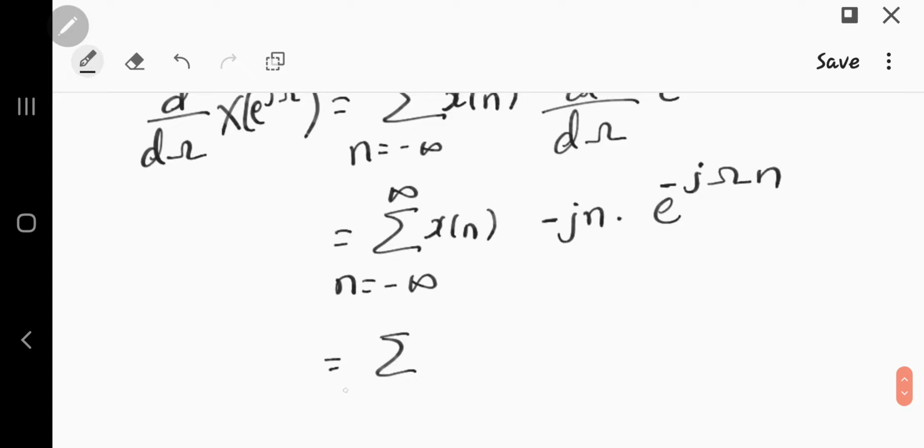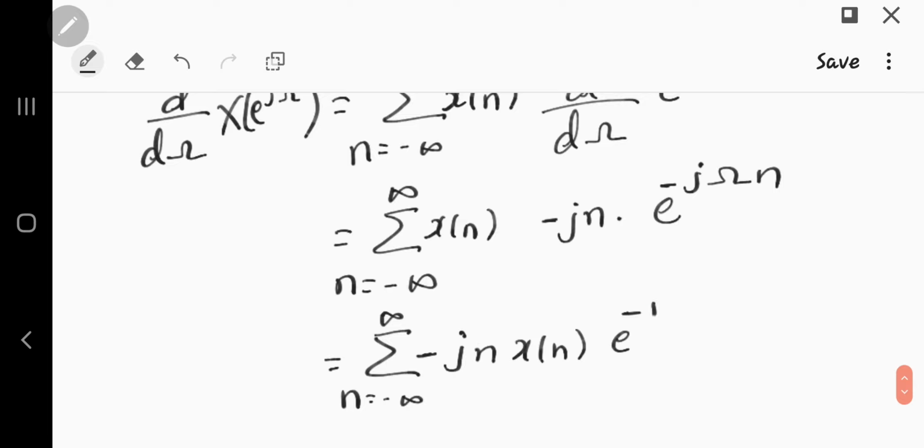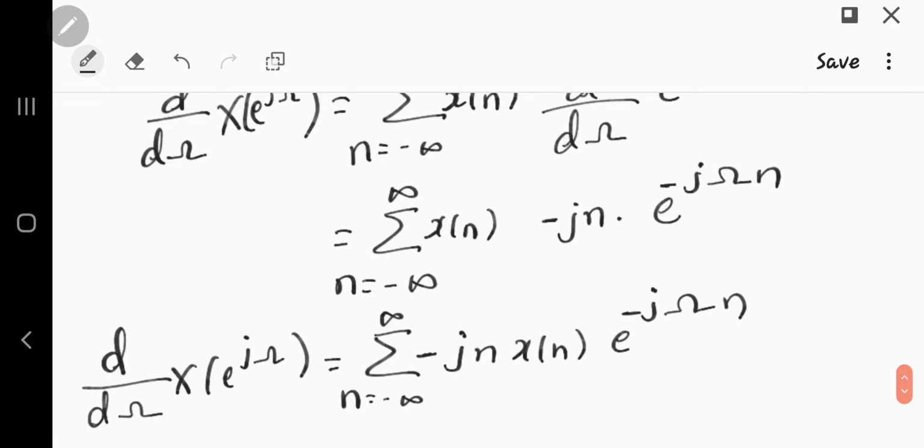That gives us the summation of minus j n into x of n e power minus j omega n, which equals d by d omega X of e power j omega.